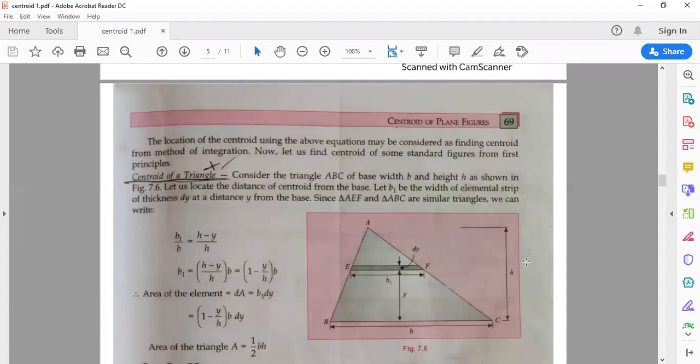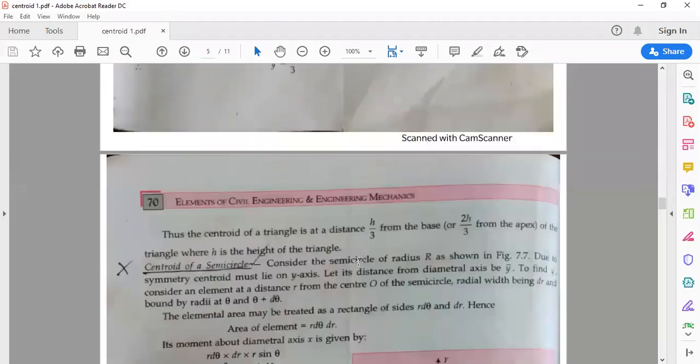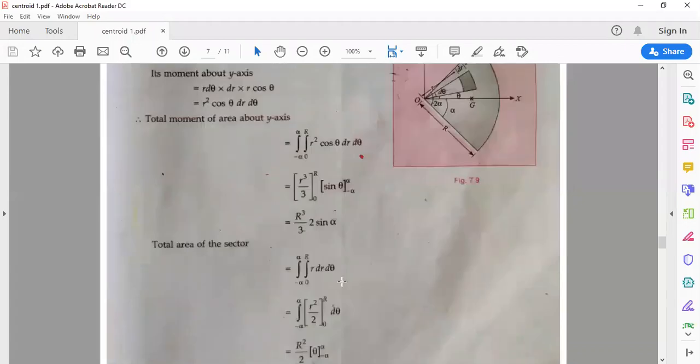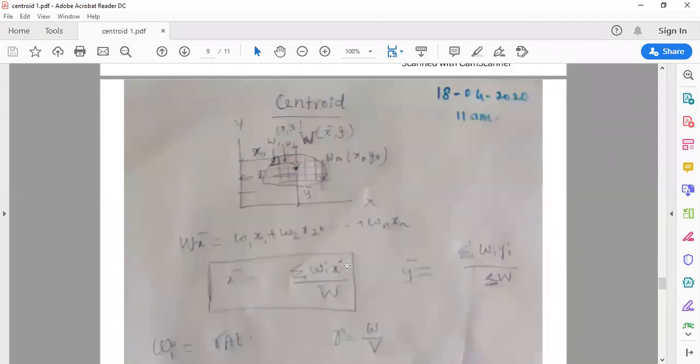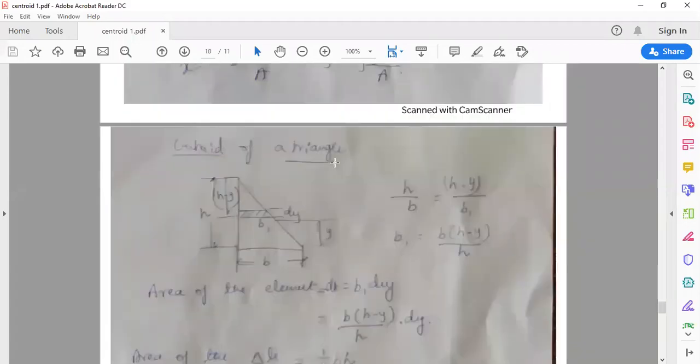The triangle has height h and base b. I have taken a right angle triangle in my own way, and we will locate the centroid from first principles, with the x-axis passing through the base and the y-axis passing through the side.